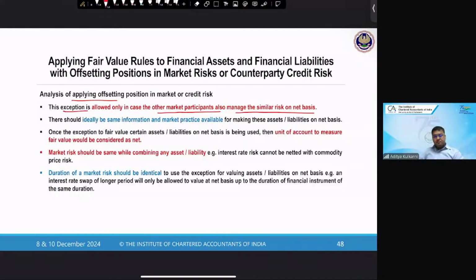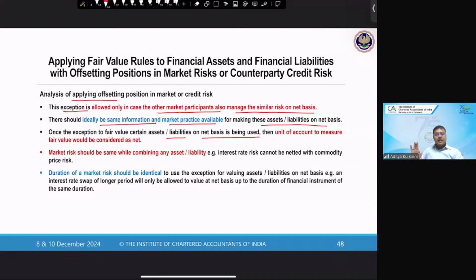Yes, sir. There should ideally be same information and market practice available for making these assets or liabilities on a net basis. Same information and market practice should be available.